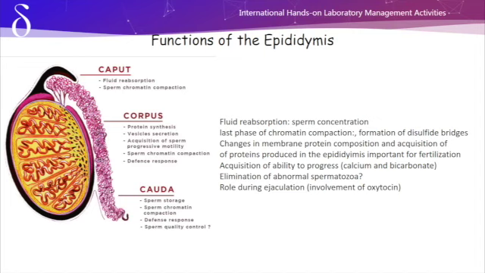And this is very important to complete chromatin compaction and so maturation of the chromatin to maintain DNA integrity, as I was saying before. So this occurs both in the caput and in the corpus of the epididymis.